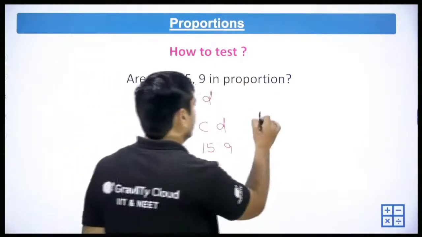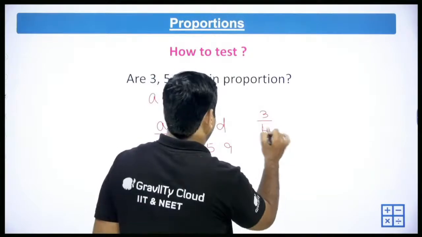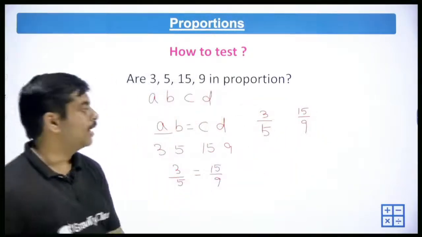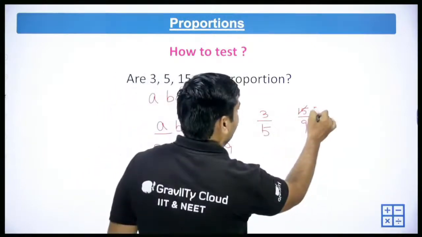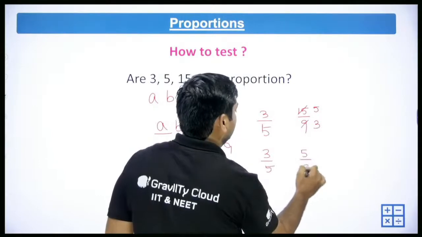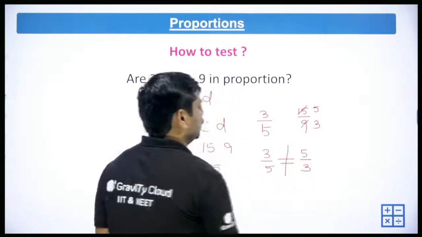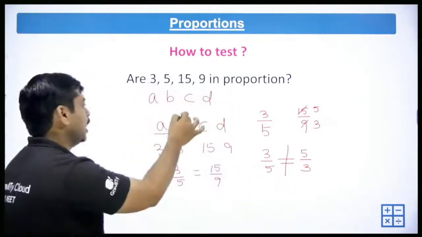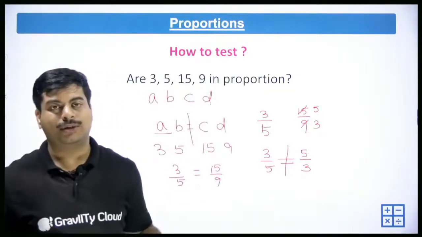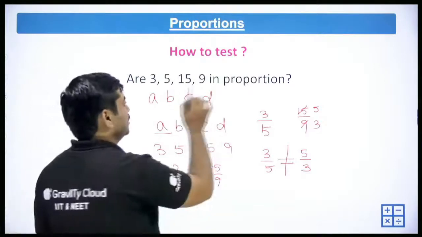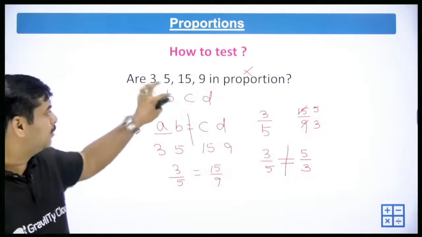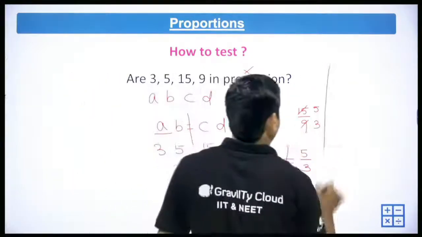So 3 by 5 and 15 by 9, we can cancel with 3, so 3 by 5 and 5 by 3. These two are not equal. So if they are not equal, what can we say? They are not in proportion. Are these in proportion? No.